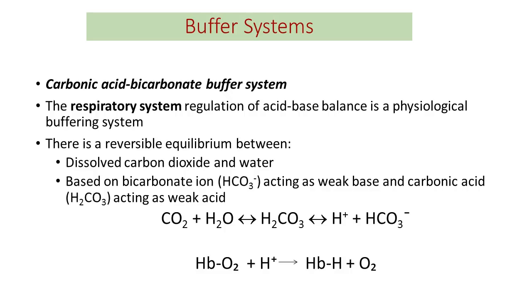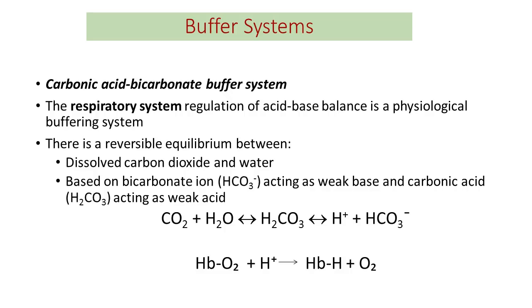So this reaction will result in hydrogen ions, which are acids, and bicarbonate ions, which are bases. In effect, we can use those hydrogen ions to increase acidity of fluid if necessary, and we can use those bicarbonate ions, HCO3 negative, to decrease acidity if we require.